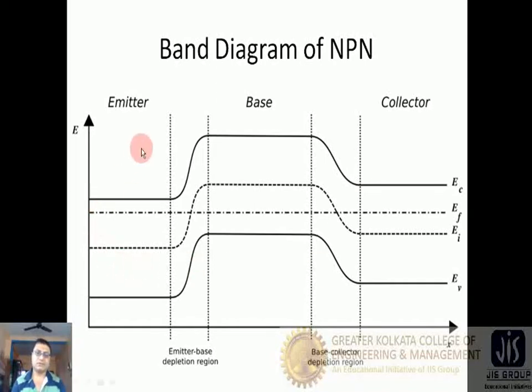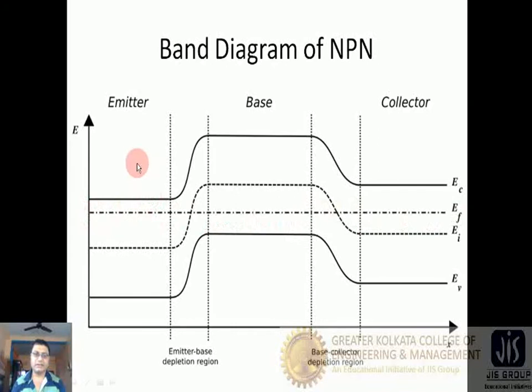Here we can see an emitter. This is the intrinsic Fermi line in the middle, and it is the equilibrium Fermi level after the transistor is constructed. Equilibrium Fermi is present.